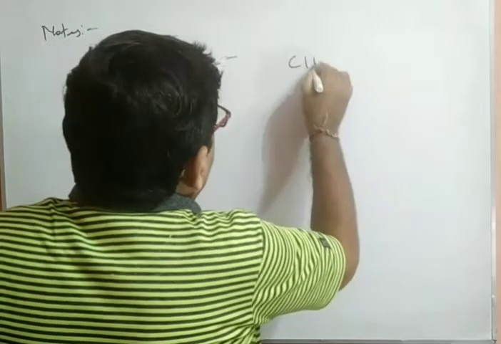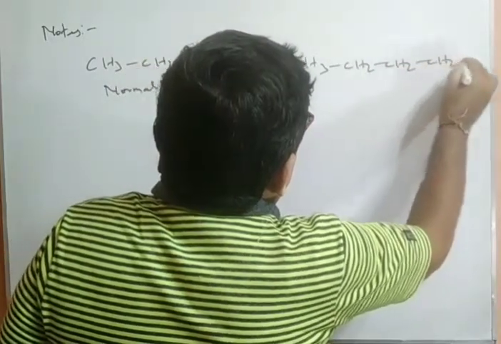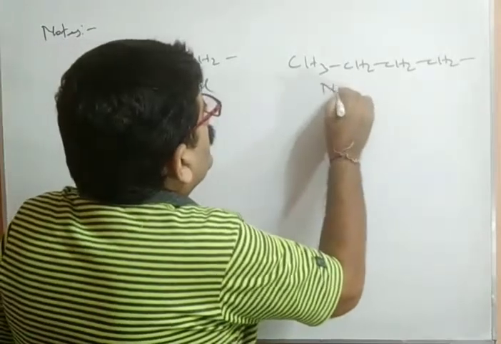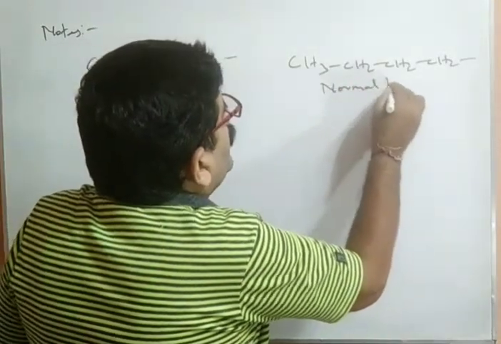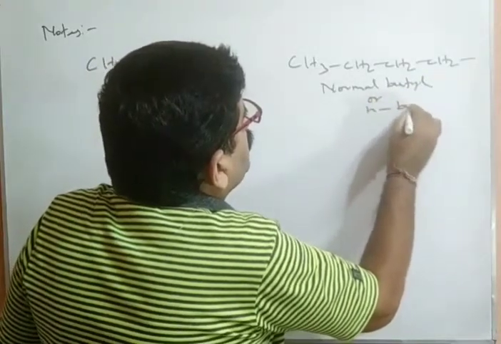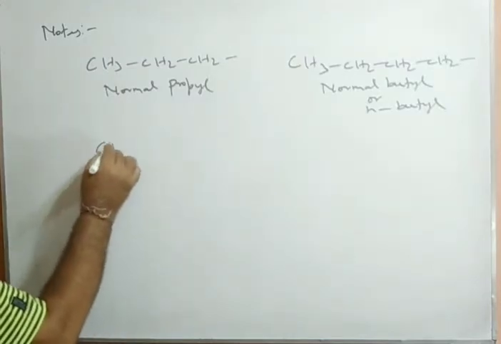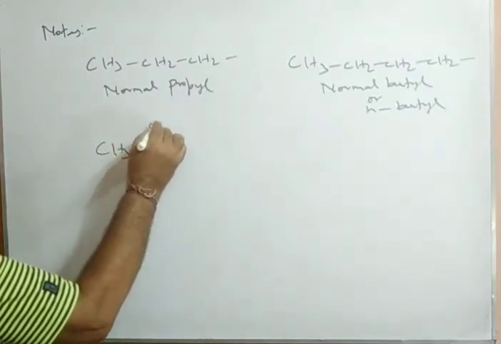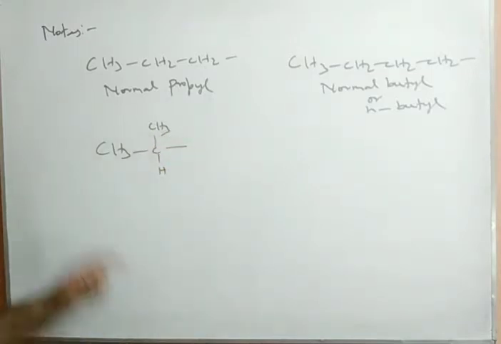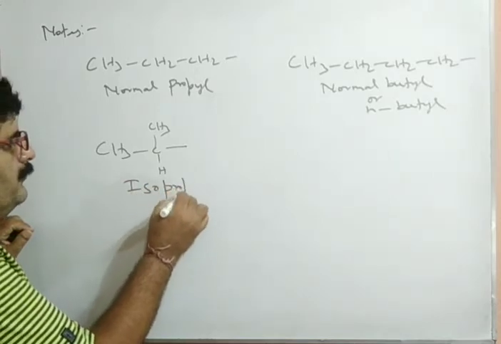Suppose this pattern of alkyl group is present, we can write normal butyl, or you can say n-butyl. n means normal. Suppose this pattern of group is present, known as isopropyl.